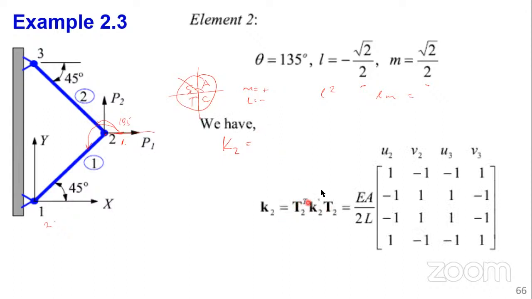So this is it. To remember the U's and the V's, I said you put them here to assist you. Now, we have K1 and K2 in global coordinate system. What it means is just to assemble the same way we did with other matrices. If you have done enough practice, you should see this as something very easy to do.